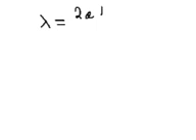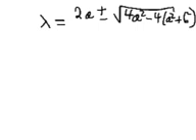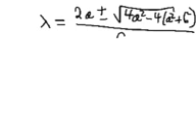Alright, so now finally, let's see here. If we use the quadratic formula, we have 2a plus or minus the square root of 2a squared. So that's 4a squared minus 4 times a squared plus b squared, and all of that over 2a. Okay, so I need to fix this up here. So we can simplify this.